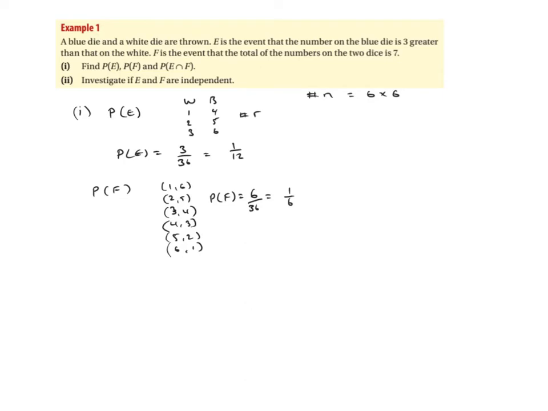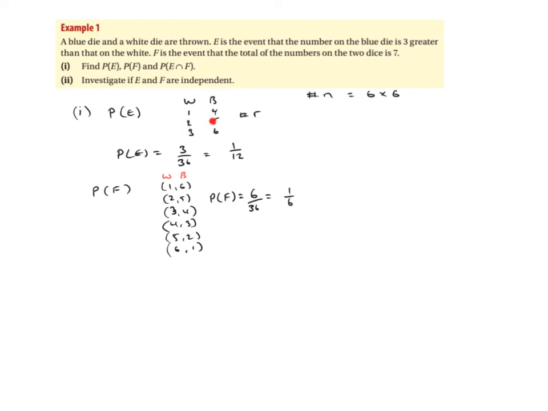Now we want E intersection F, so where do both of these happen? Well, hopefully you can see there's only one place. I didn't really label this, but I'll label it now. So that's the white and that's the blue one. We're looking for where these two events both happen at the same time. So 1, 4 is not going to happen because it doesn't add up to 7. 2, 5 adds up to 7, 3, 6 doesn't.